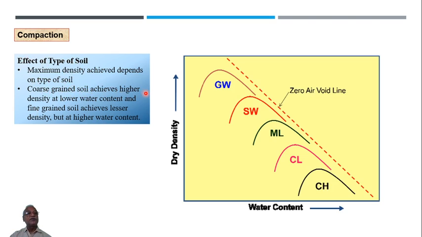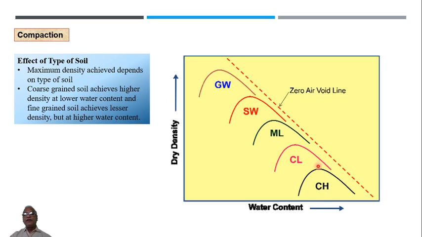Coarse grained soils achieve higher density at lower water content. Here you can see we have put the names of the soils also: well graded gravel, well graded sand, silt with low compressibility, clay with low compressibility, clay with higher compressibility.